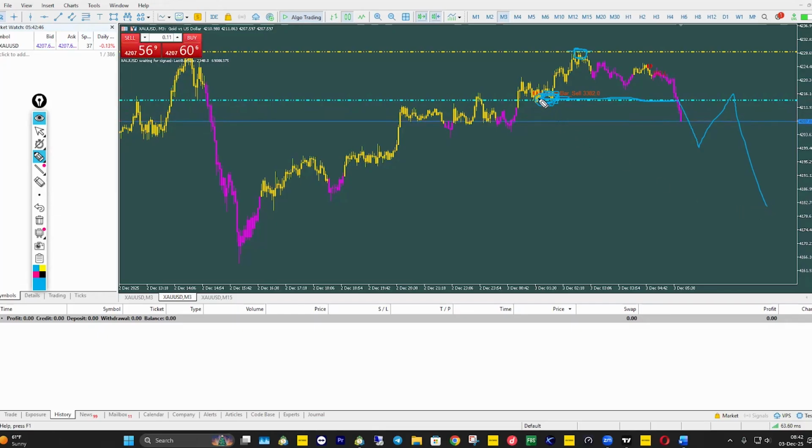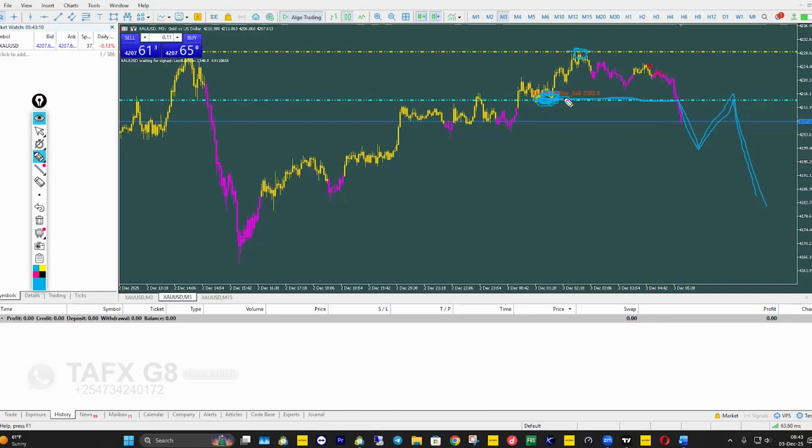Someone says, oh my friend, how can a higher low be the same as a lower low? My answer is very simple. What happens when the market breaks your lower low? It is a sell continuation, right? What happens when the market breaks your last higher low?